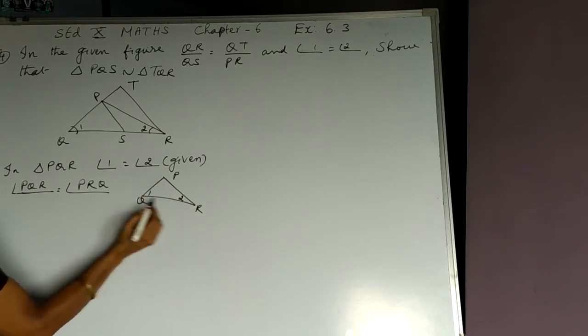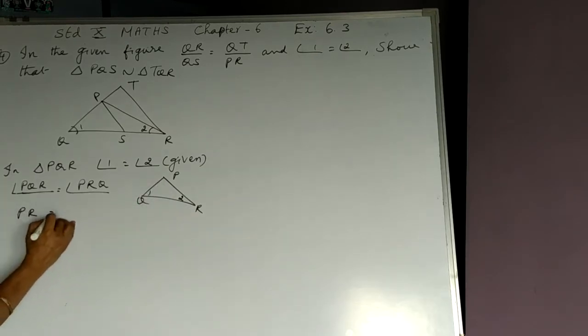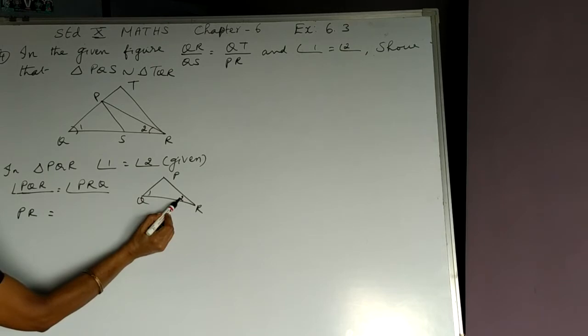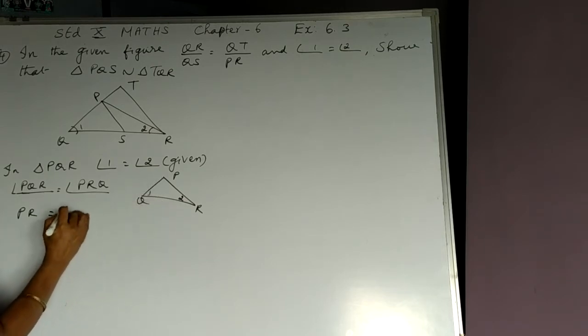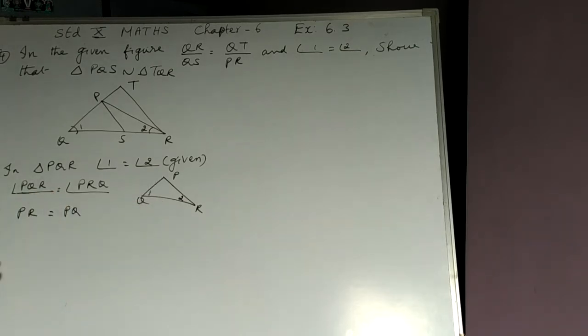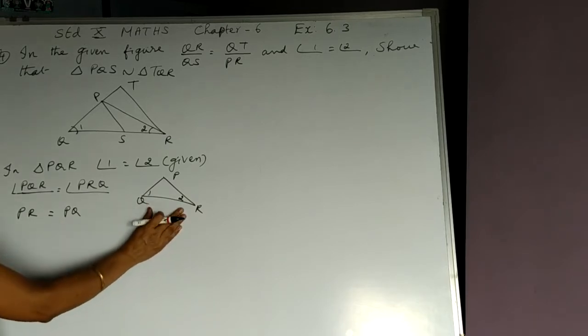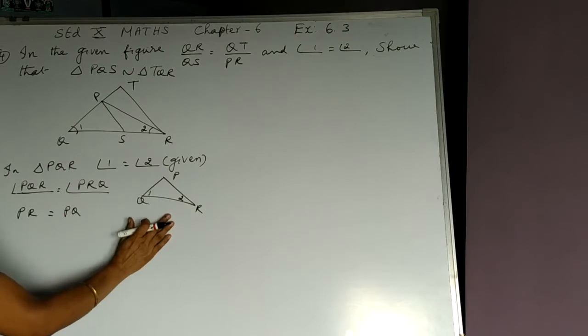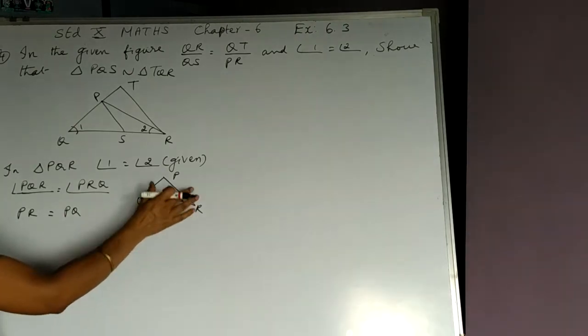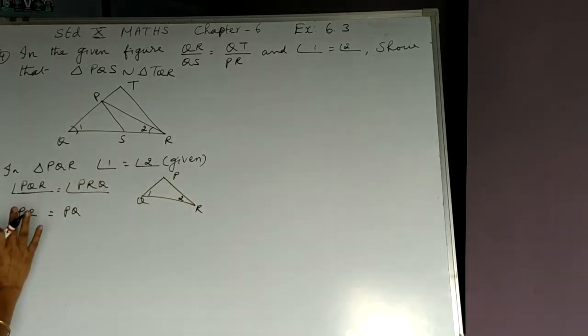It is side PR. Which is the side opposite to angle 2? It is side PQ. Therefore, we got PR is equal to PQ. Similarly, if two sides are equal, their corresponding opposite angles are equal. This we had studied last year, so we have used this.